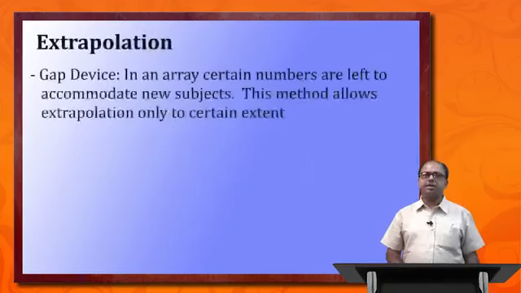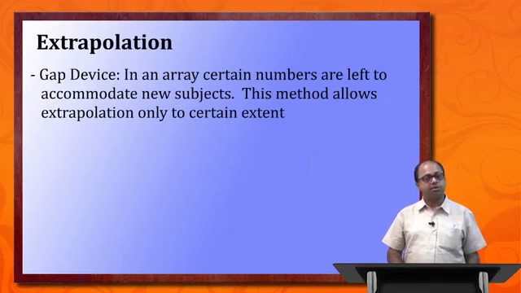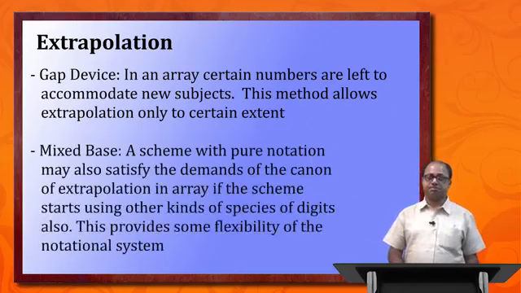In an array, certain numbers are left to accommodate new subjects or isolates or facets. This method allows extrapolation only to certain extent. So this is gap device. Next, mixed base.